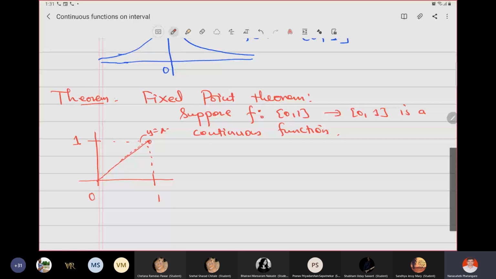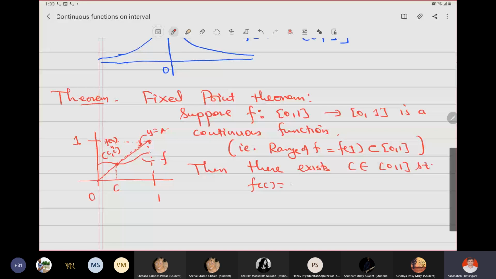But it is also on the graph of the function, so the y coordinate is f of c. Therefore, the value of the function at such a c is c itself. Then there exists c belonging to [0, 1] such that f of c is equal to c.